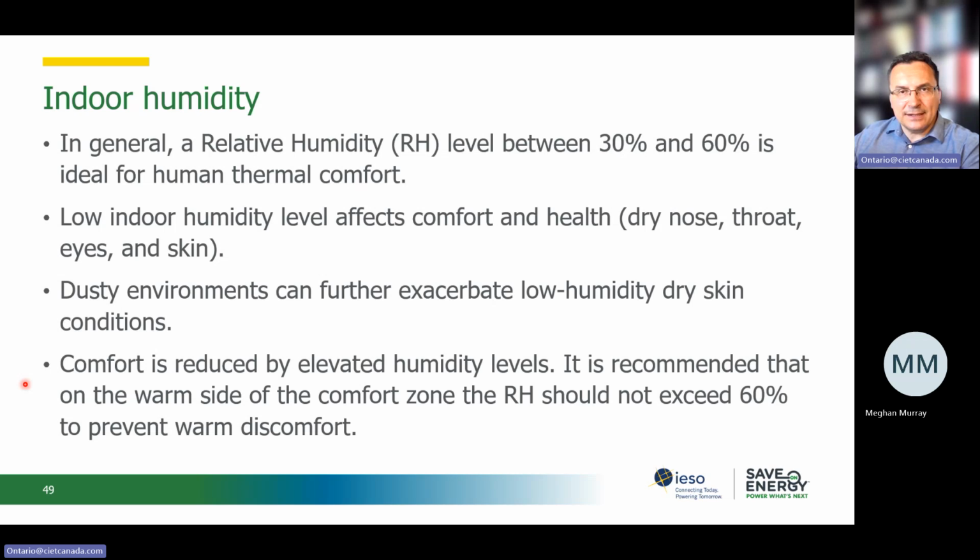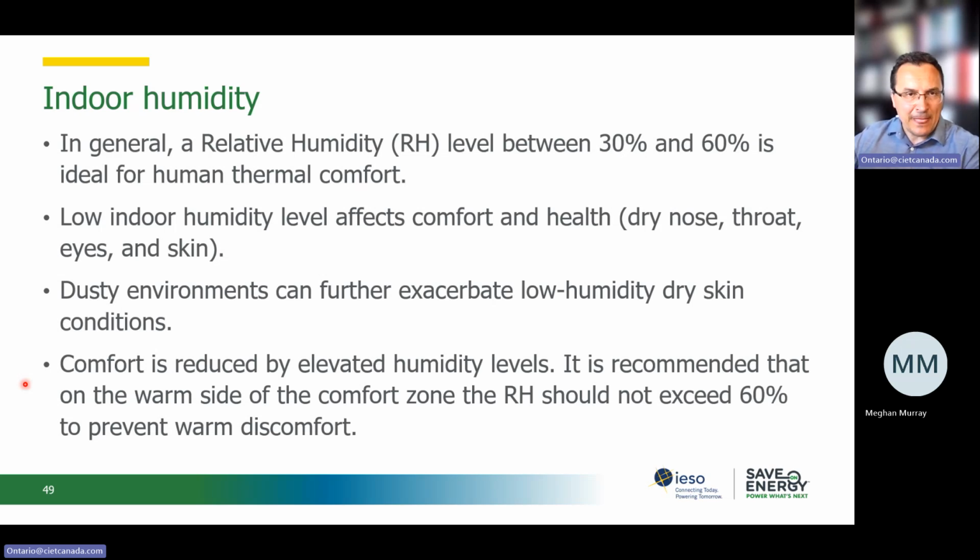Now, at the other end of this range, beyond 60%, we start to see the perception of comfort reduced as well, especially in warm zones, when we combine the temperature effect with a higher relative humidity to create a discomfort perception for the building occupant.